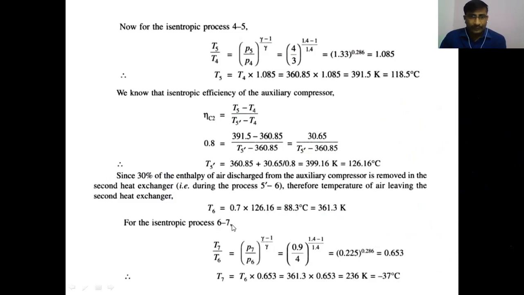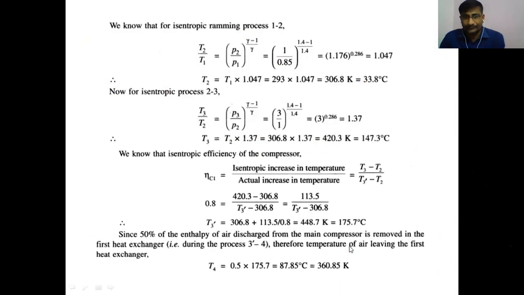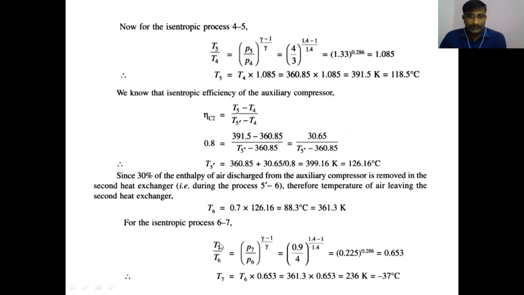Then for the isentropic process 6-7, after getting the temperature T6 after the second heat exchanger, again apply the adiabatic rule to find the temperature at 7 and 7 dash. This is T7 by T6 is equal to (P7 by P6) whole power (gamma minus 1) by gamma. P7 is the cabin pressure 0.9 divided by P6, the auxiliary compressor pressure, 4 bar, whole power (1.4 minus 1) by 1.4.